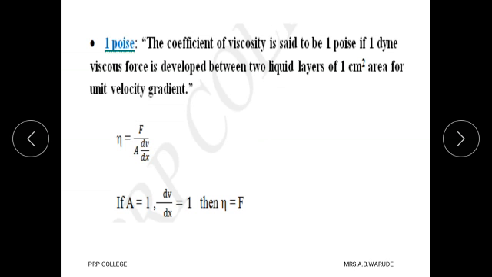Then from that we write the definition of 1 poise, and before that we first write the formula for coefficient of viscosity: eta equals F upon A dV upon dx.